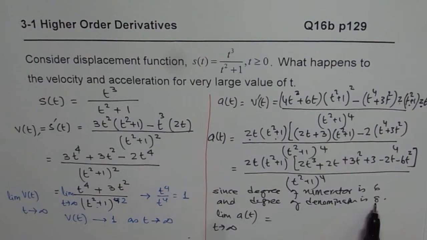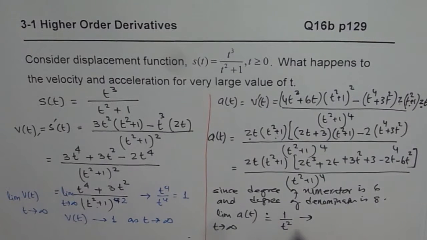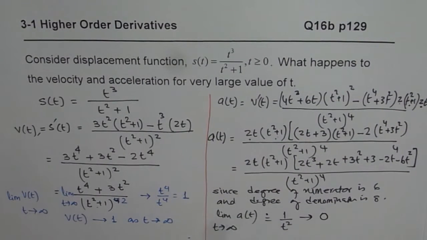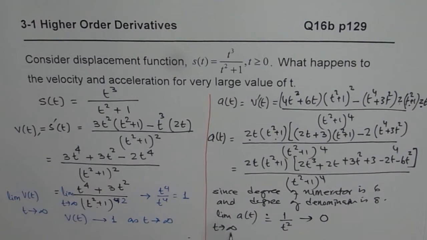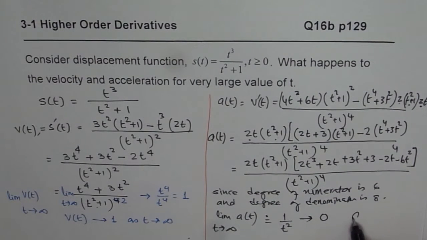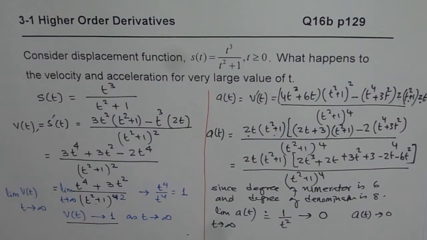Since the degree of the denominator is much higher, the function is kind of like 1 over t squared, right? So it approaches 0. We can conclude from here that for large values of t, acceleration approaches 0. And we found that the velocity approaches 1, correct? So that is how we could solve this question. I hope that helps. Thank you and all the best.